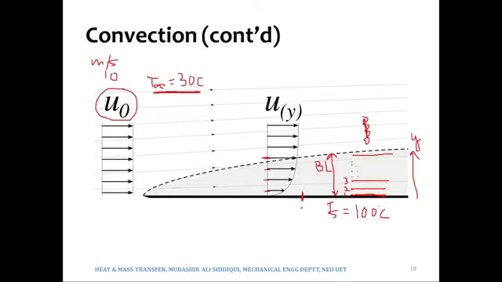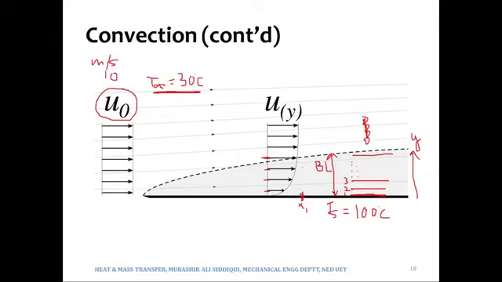If we consider this position x1, the velocity boundary layer has this much thickness, so the thermal boundary layer would be less than that and would end somewhere over here at this x. It may be the other way around. At any particular x, the thermal boundary layer may have more thickness than the velocity boundary layer. In fact, that depends upon the fluid.